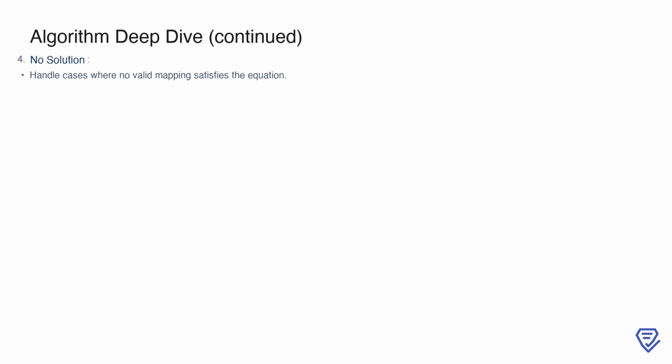After testing all possible permutations, if none satisfy the equation, we conclude that the problem has no solution. This ensures the algorithm can gracefully handle unsolvable cases while providing a clear outcome. By combining these steps, optimizations, and edge case handling, we construct a robust approach to solving the verbal arithmetic puzzle, balancing correctness and computational feasibility.